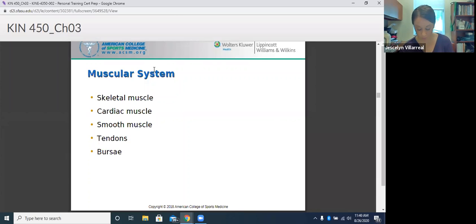Let's go back to tendons. Tendons are dense cords of connective tissue that attach a muscle to the periosteum of the bone. Bursa are between the tendons and the bony structures that allow the tendons to slide smoothly across the bone.